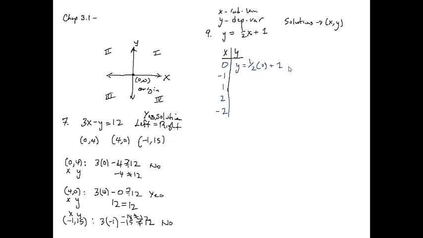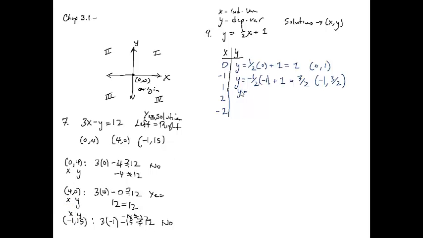Well, 1/2 times 0 plus 1, that is 1. So I have the point 0, 1. X is 0, y is 1. Now I want to do y equals 1/2 times -1 plus 1. Hmm, how did I get negative? Oh, I made a mistake.